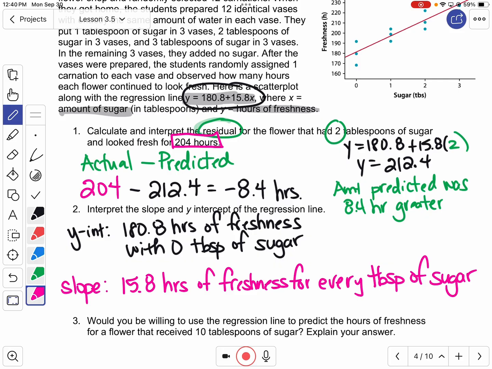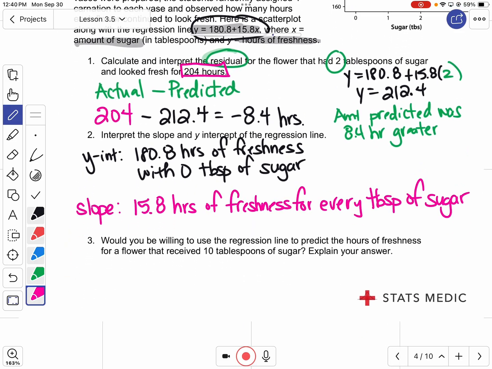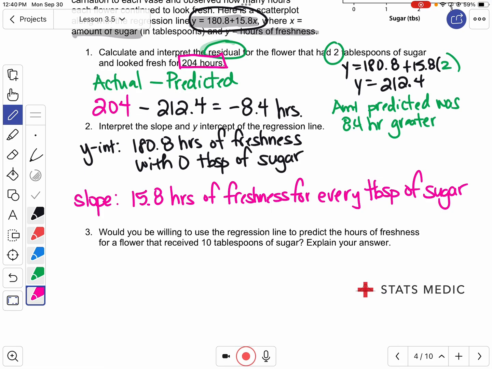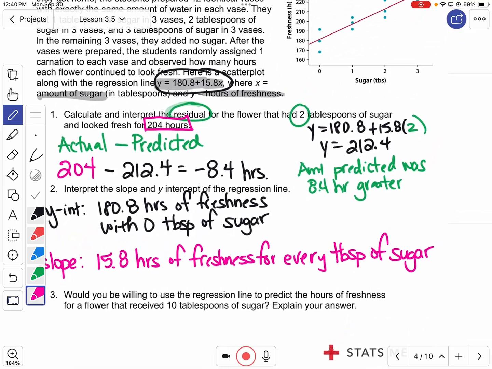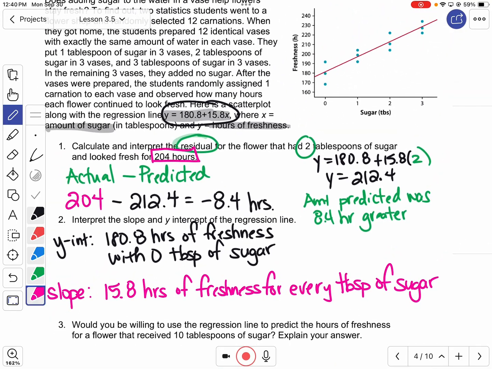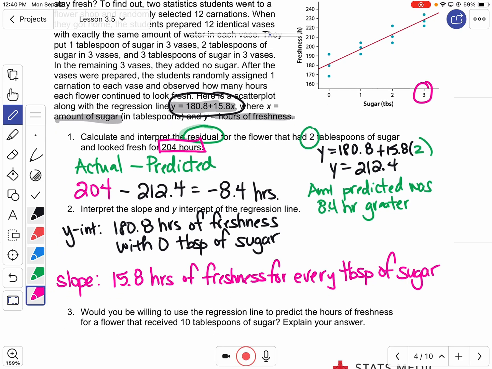Let's look at that last one. It says, would you be willing to use the regression line to predict the hours of freshness for a flour that received 10 tablespoons of sugar? It's a yes or no question. What was the largest amount of sugar it actually gave me? 3. What does it want me to predict for? 10. We're going to say no, because it's way outside.